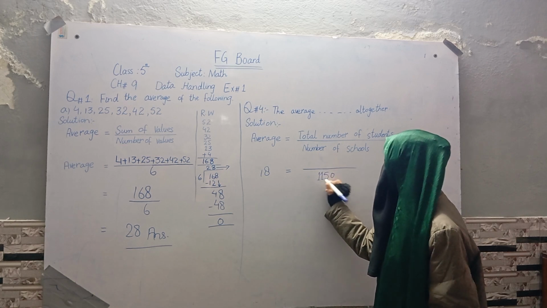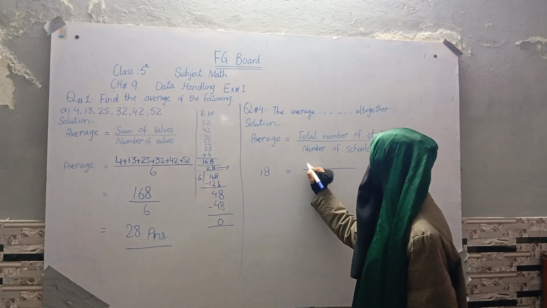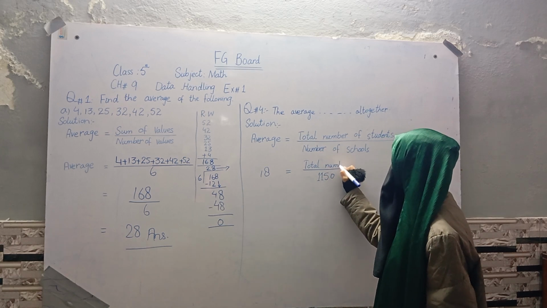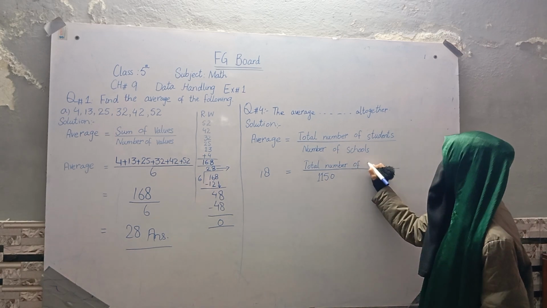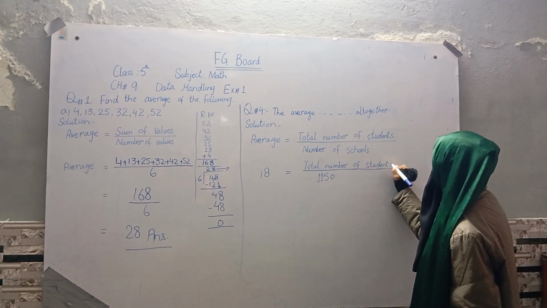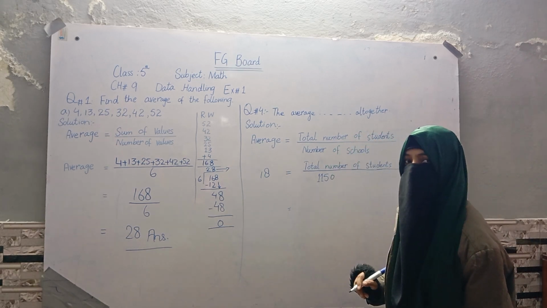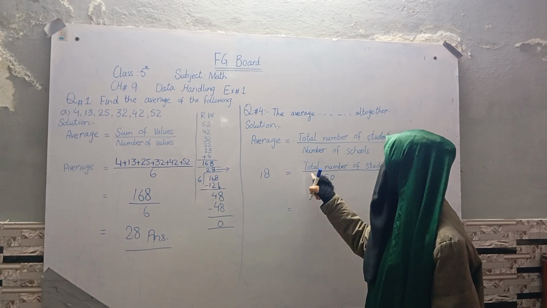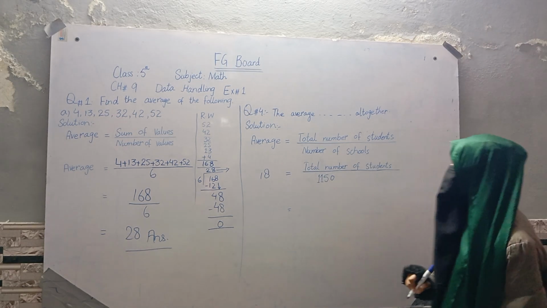But we don't know the total number of students, so we write here total number of students as it is, as we wrote it on the upside. So this is the end. Here I also want to tell you that equal is put before the fraction line. So you can see that equal is there.